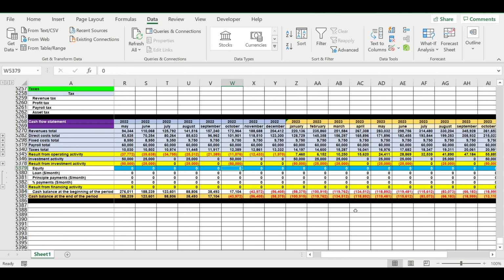So, for example, we take additional money, then we need, for example, 19,500.